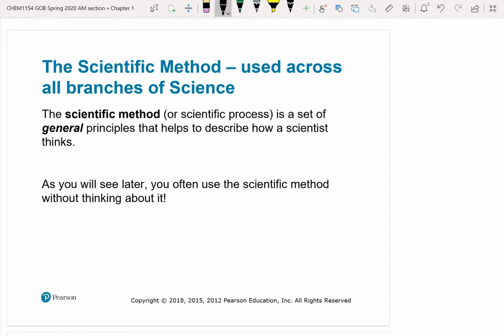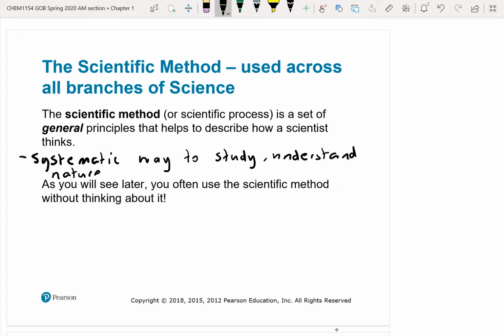Right? So we can say that the scientific method is a systematic way to study and understand nature, right? Everything around us, and also what's going on in us as well, because we are part of nature.